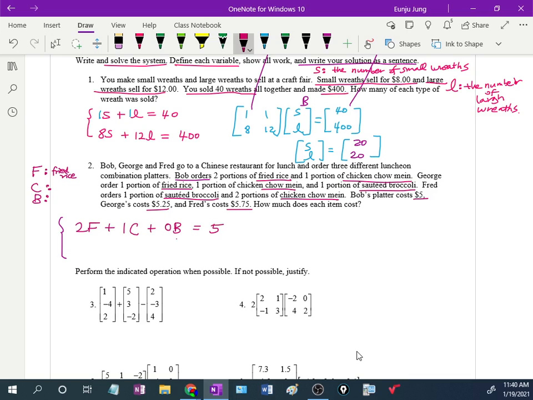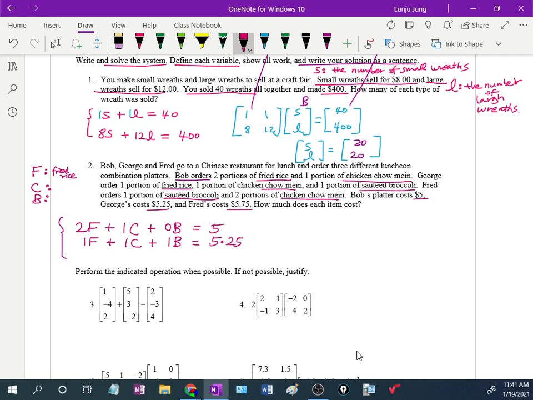Next person, George: 1 portion of fried rice, 1 portion of chicken chow mein, and 1 portion of broccoli, and he paid 5.25.